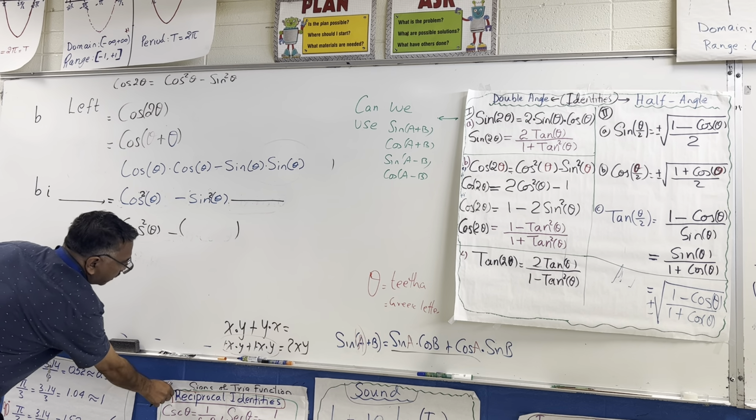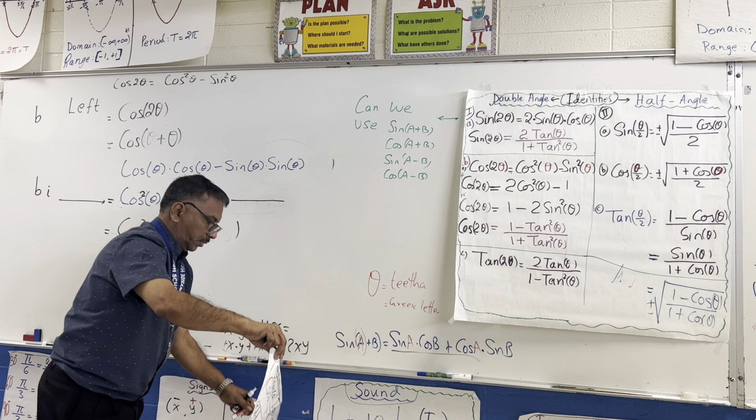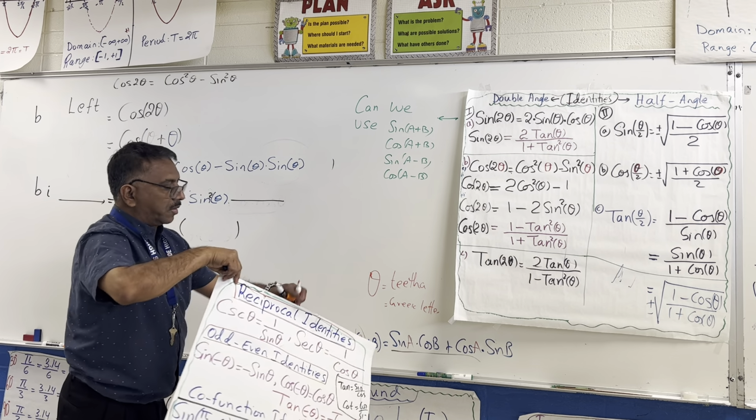If you see this formula, can you use it here? I want to replace sine square. It would be 1 minus cosine squared.